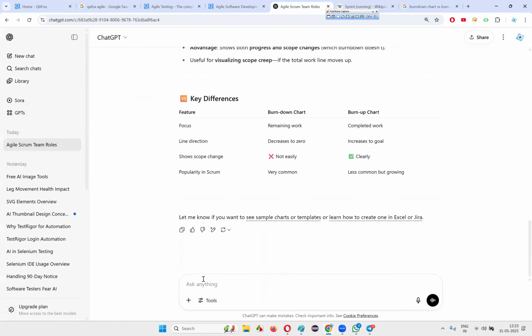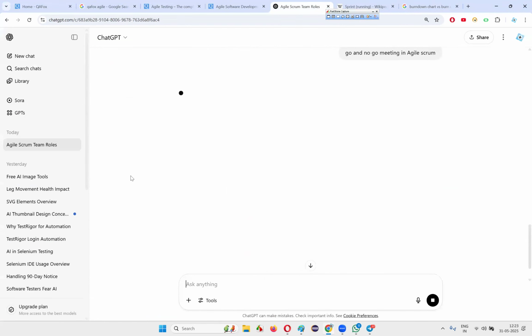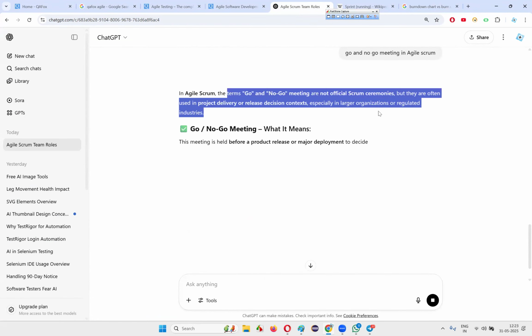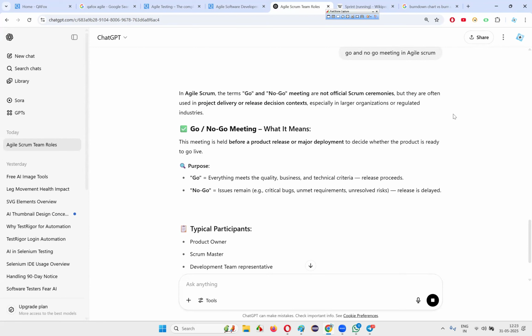Ideally, a lot of Agile concepts will be there. Let's find out details about this go and no-go meeting in Agile Scrum. They say these are not official ones.